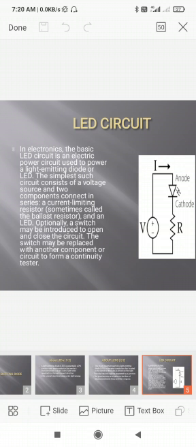Optionally, a switch may be introduced to open and close the circuit. The switch may be replaced with another component or circuit to form continuity testers.